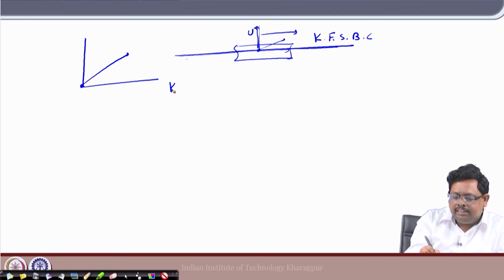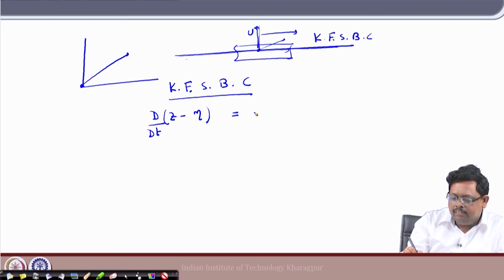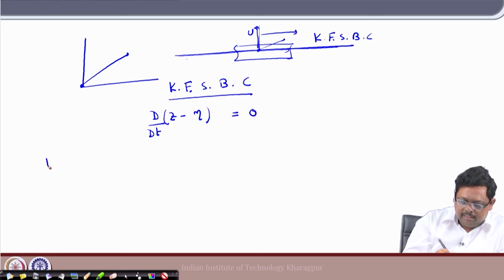Now, I know that the kinematic free surface boundary condition is D/Dt of (z minus eta) equal to 0. Now, how do I write this D/Dt?